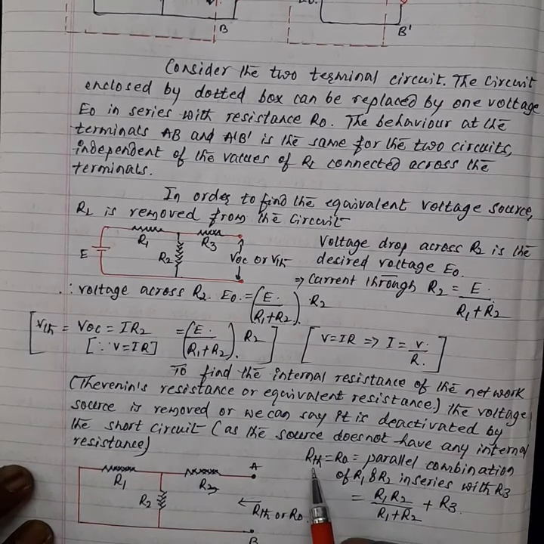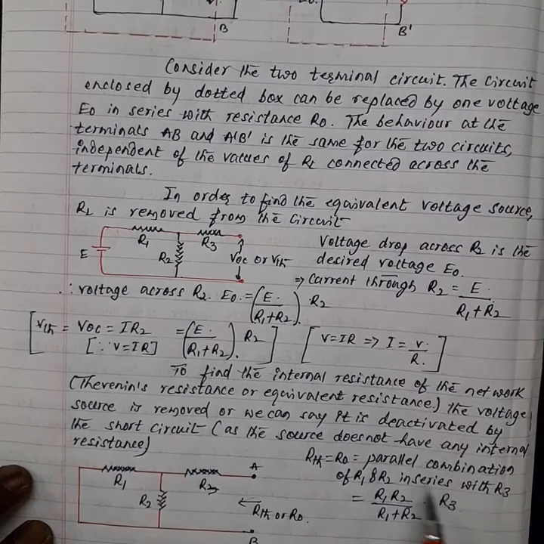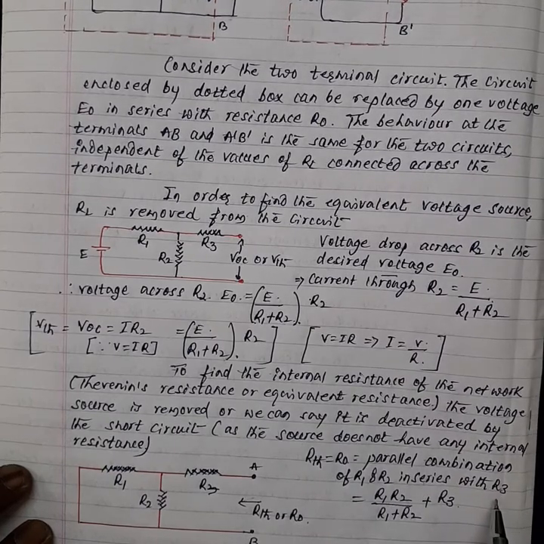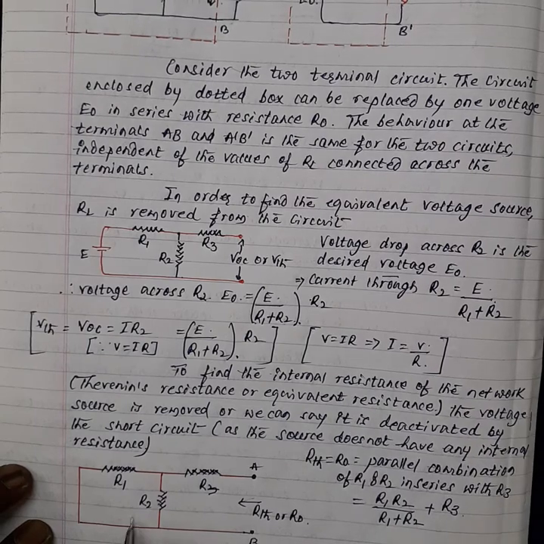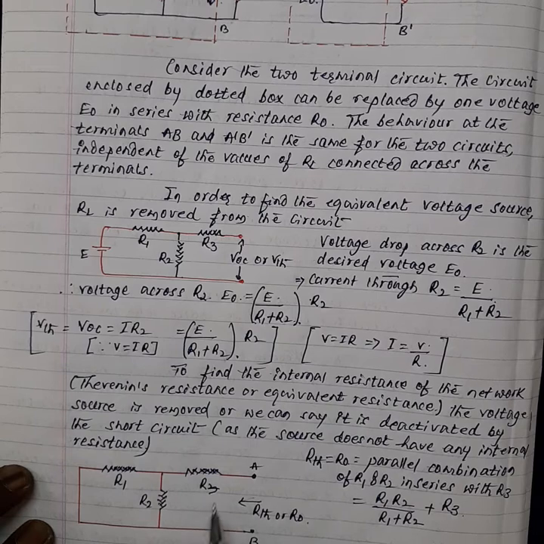So Thevenin's resistance, R of naught, is nothing but the parallel combination of R1 and R2 in series with R3. We know that the parallel combination is R1 into R2 divided by R1 plus R2, plus R3, which is connected in series to this.